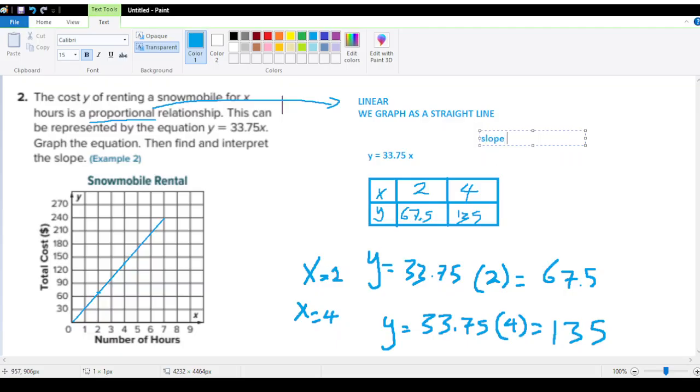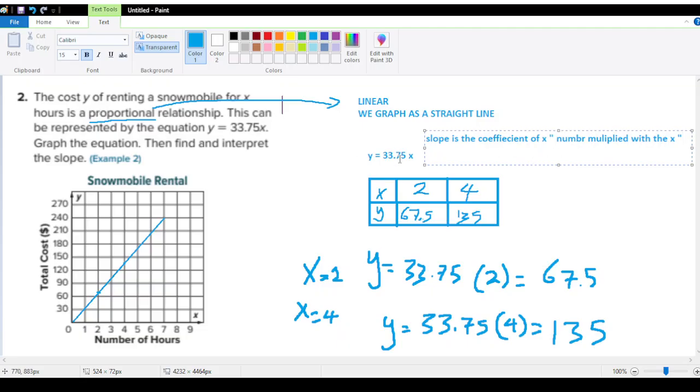One more time, what is the slope? It's the coefficient. You know the meaning of coefficient? Coefficient means the number beside, in other words the number multiplied with the x. So if someone asks you, what is the coefficient of x here?